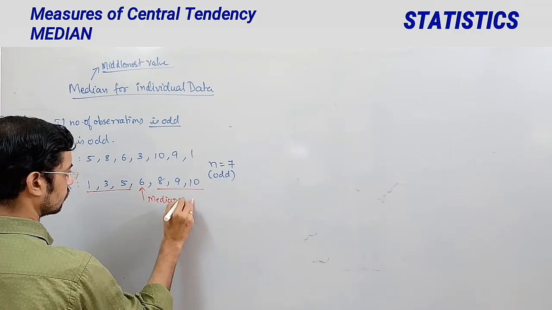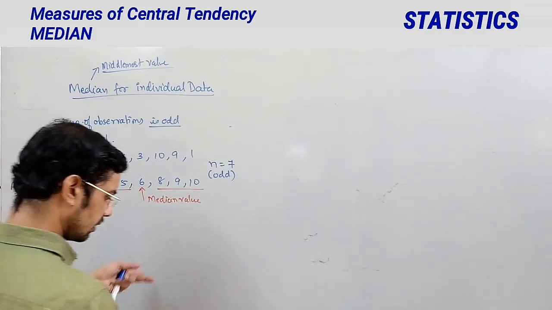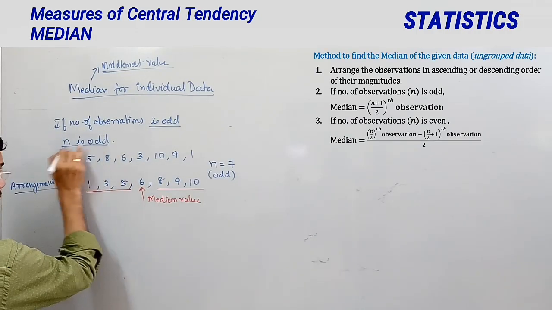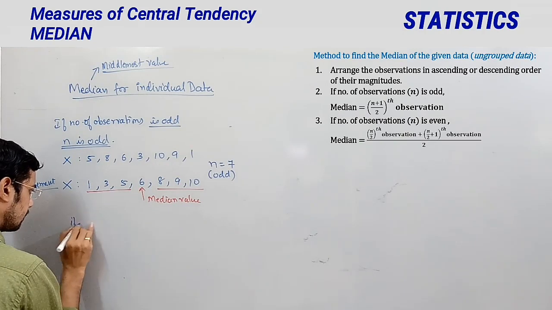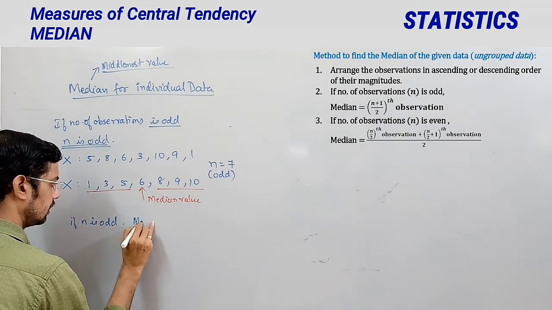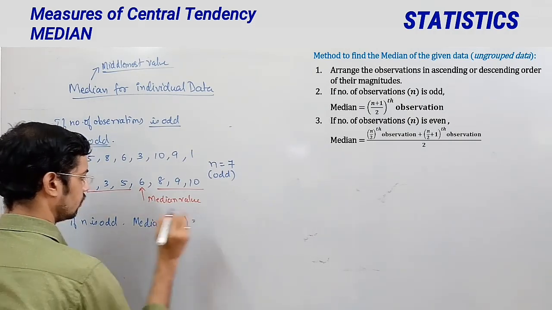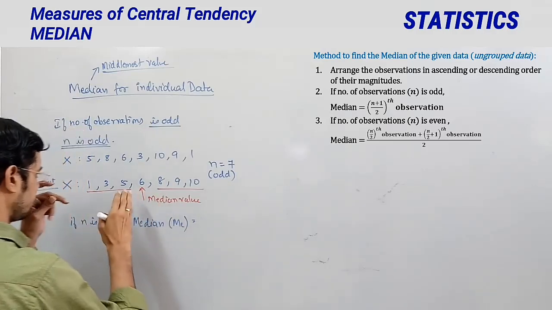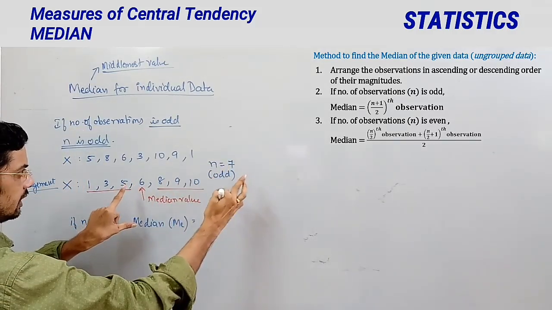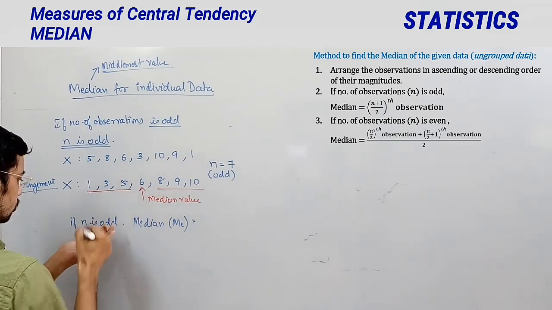Now mathematically we have to write down a formula to find out the median value. If n is odd, the median, denoted by ME, will be equal to the (n plus 1) by 2 th value. With n equal to 7, 7 plus 1 is 8 and 8 by 2 is 4, and 6 is the 4th observation.